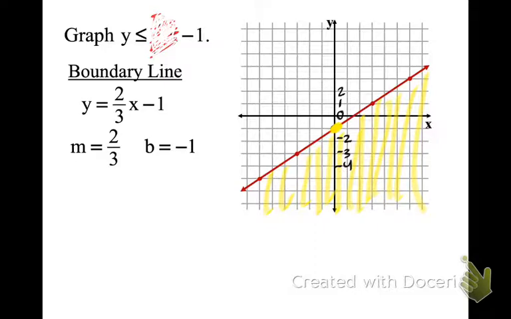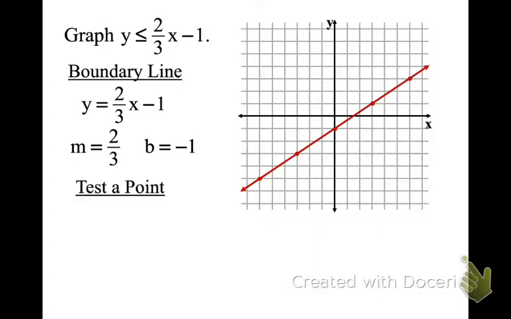So, there is another way. The other way you can do it is you can pick a test point. A very easy test point is the origin, 0, 0. We can take that test point and substitute it in. If this is a true statement, then that is the side you shade on. If this becomes a false statement, then you shade the opposite side.